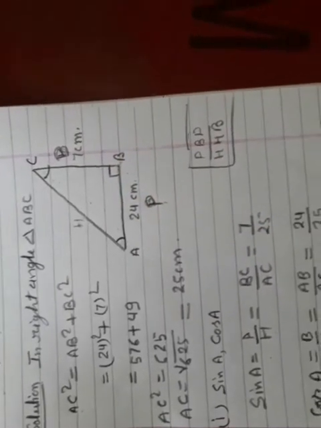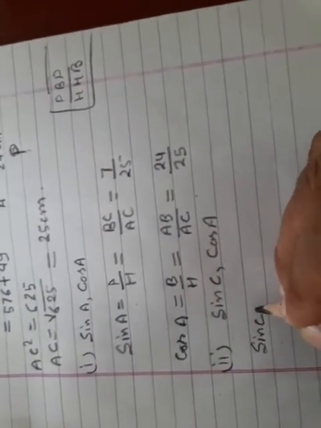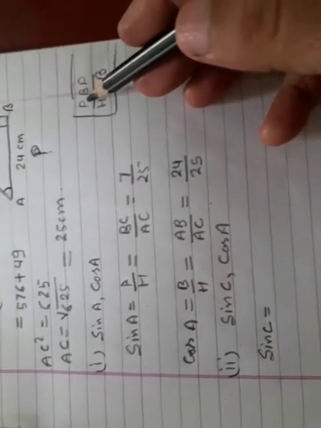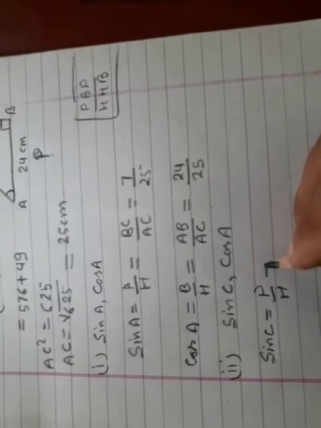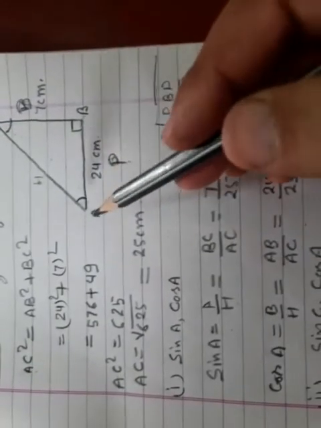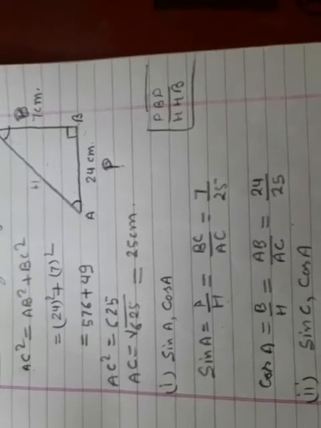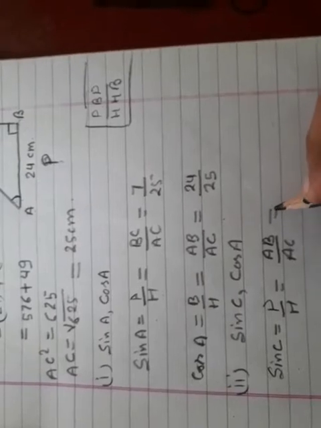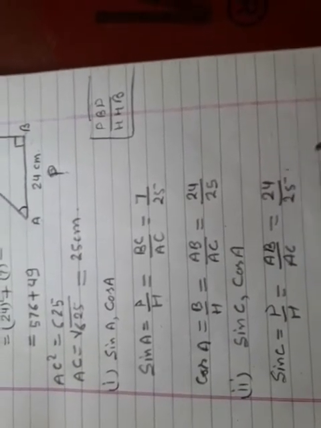So sin C is equal to perpendicular upon hypotenuse. For the sin C, perpendicular is AB and hypotenuse is AC. So AB is given that 24 and AC is given that 25.